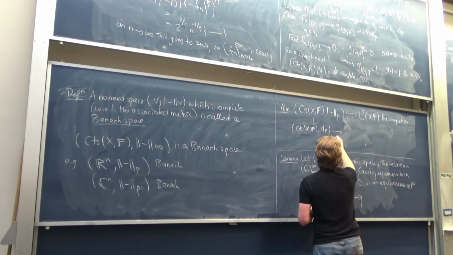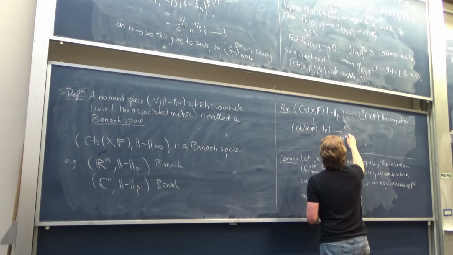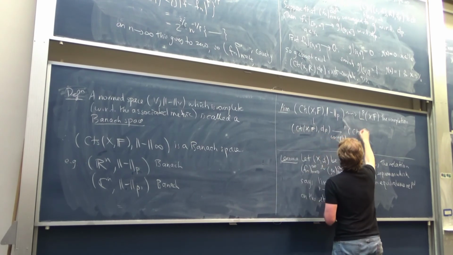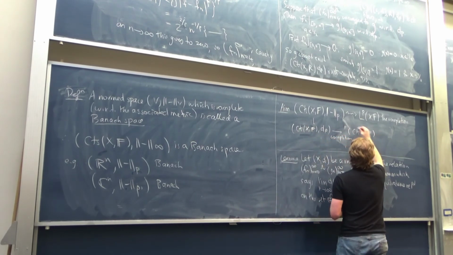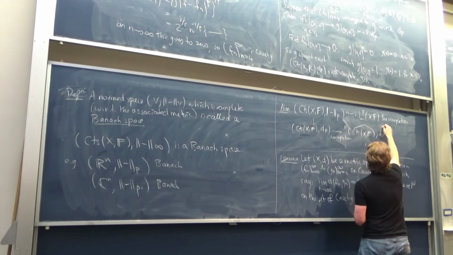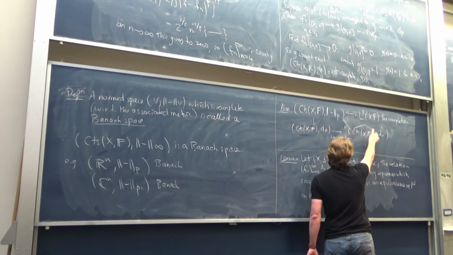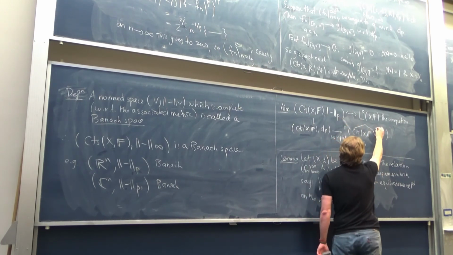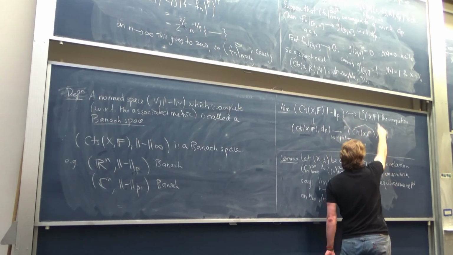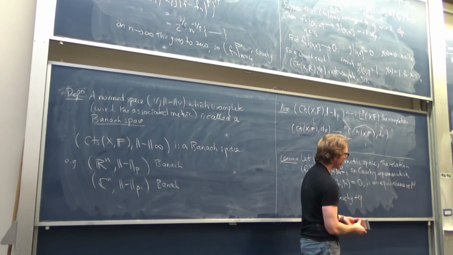Okay, so this is completion. That'll give me a complete metric space. And then I'm going to define a norm on this, which induces this metric, and that's going to be this thing. That'll probably be next lecture.